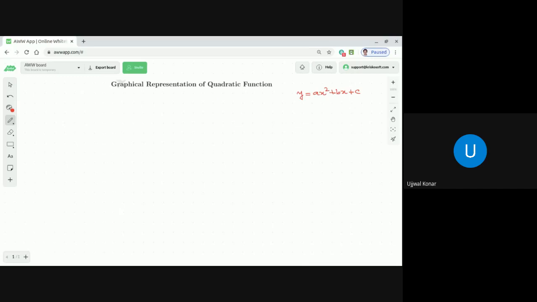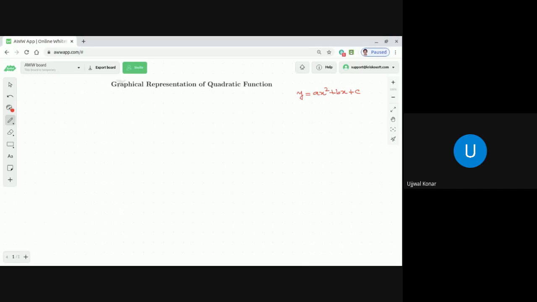But as you see, there is a statement that a picture says 1,000 words. Whatever I say about that quadratic function, ax square plus bx plus c, it will be very clearly understood if I give a graphical representation.